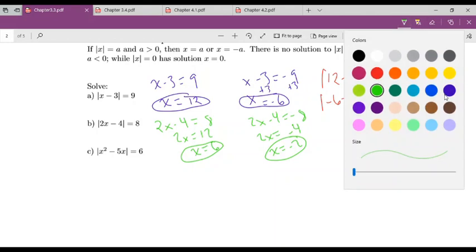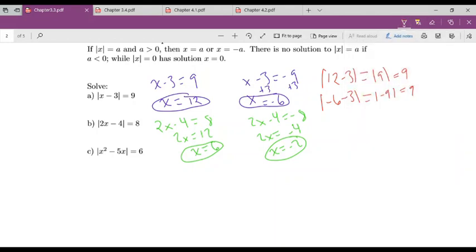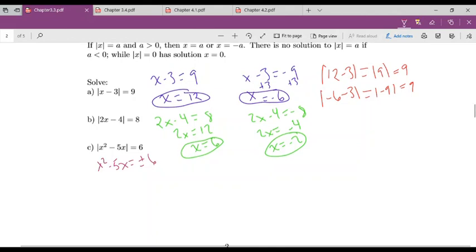Here we've got the absolute value of x squared minus 5x equals 6. So let's go ahead and break this up. What we're going to get is x squared minus 5x equals plus or minus 6, essentially.